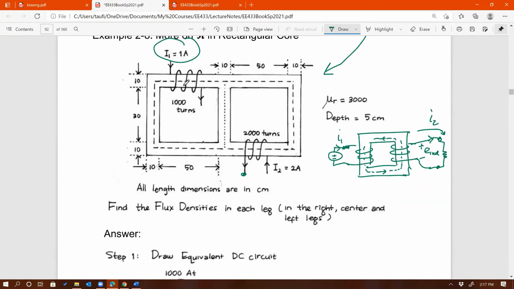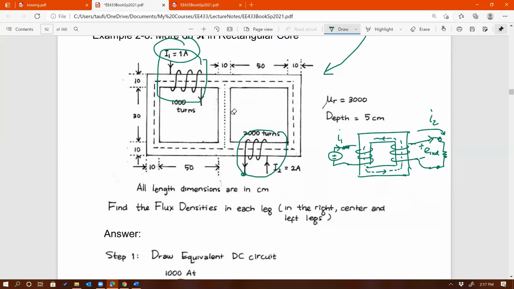So what do we do here? Luckily, we can transform this into an electric circuit. The top winding represents one voltage source, and the bottom winding is represented by another voltage source, connected by resistors, or in this case, reluctances.